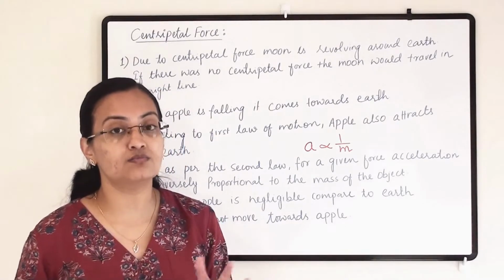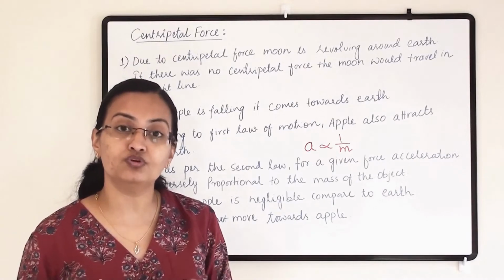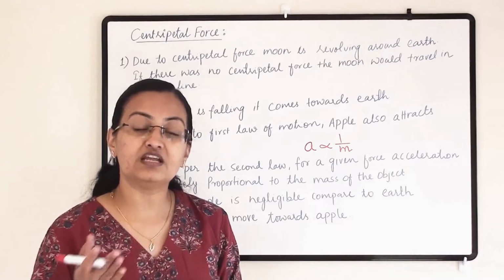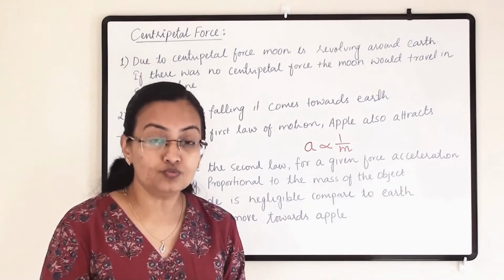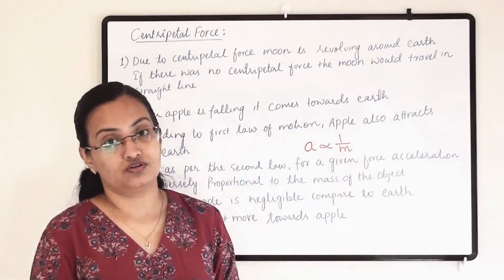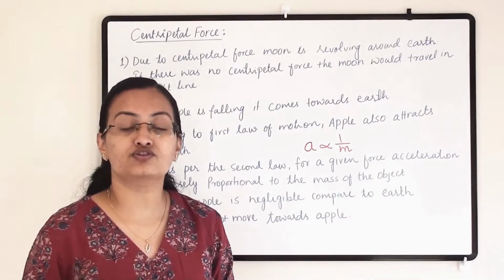But we can see some effect of the moon's attraction on the earth in terms of tides, right? Every 15 days, on the day of new moon and full moon, we can see the tides in the sea and ocean. Those are the effects of the attraction of the moon.